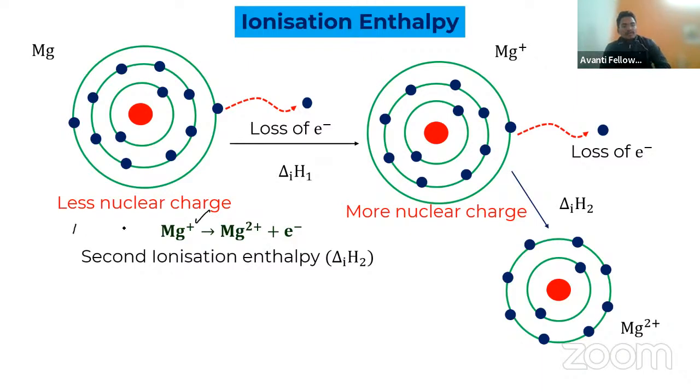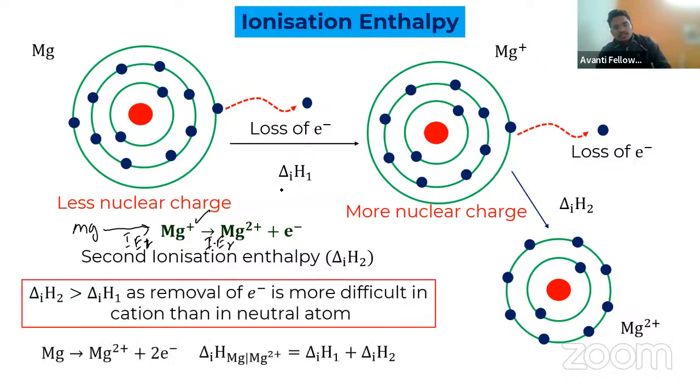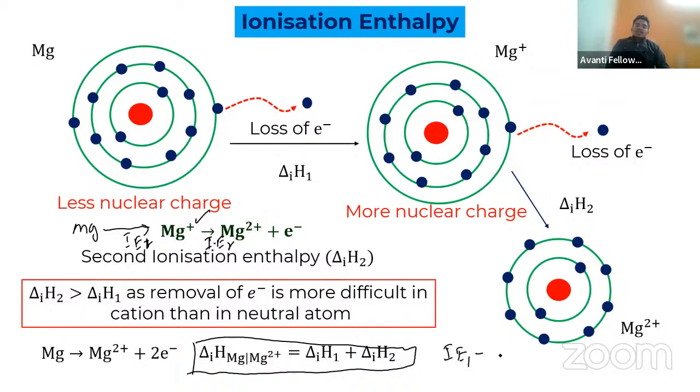If you are removing from magnesium and making Mg+, then this is IE1, and this is IE2. Always remember, IE2 will be higher than IE1, always. And remember the overall ionization enthalpy is simply delta IH1 plus delta IH2, that is IE1 plus IE2.